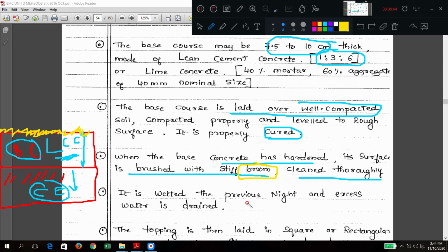Next day, it is wetted the previous night and excess water is drained. After making it rough, you put some water so that it will be a little bit damp.